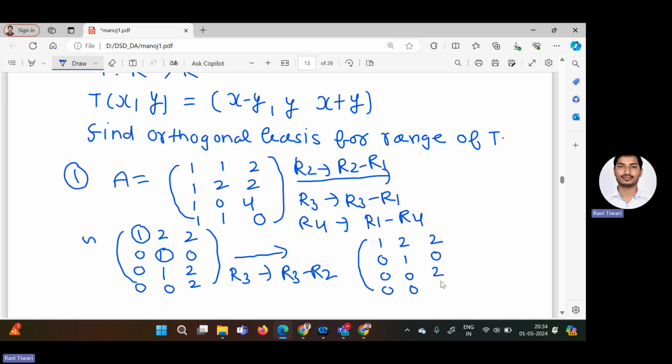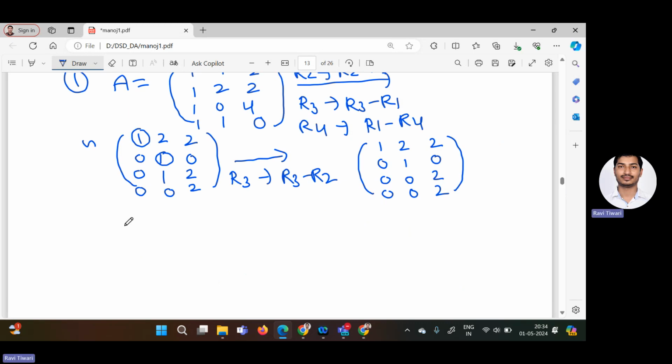You can see here that R3 and R4 are the same, so we can make R4 zero by applying a row operation: R4 is replaced by R3 minus R4. Then we have 1, 2, 2, then 0, 1, 0, then 0, 0, 2. You can also divide this row by 2 if you want, so 0, 0, 1, and finally 0, 0, 0.